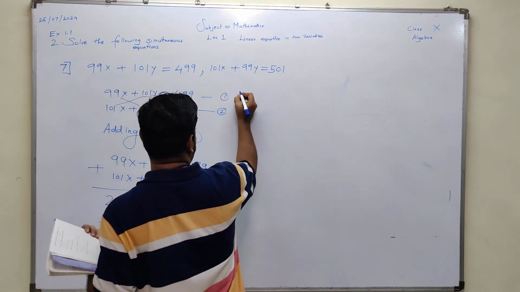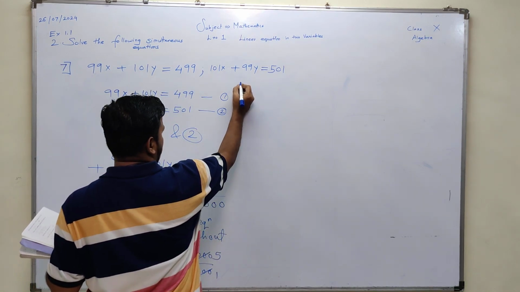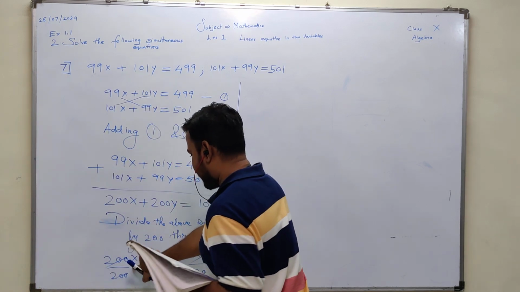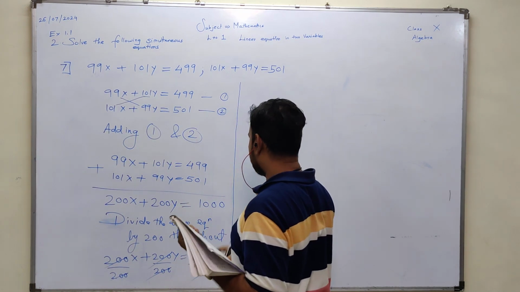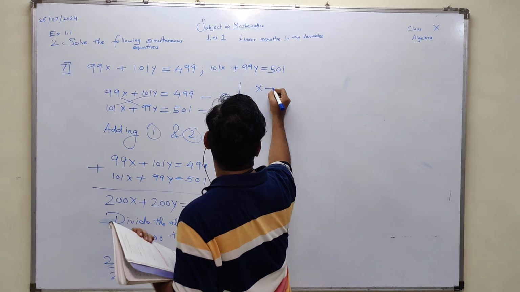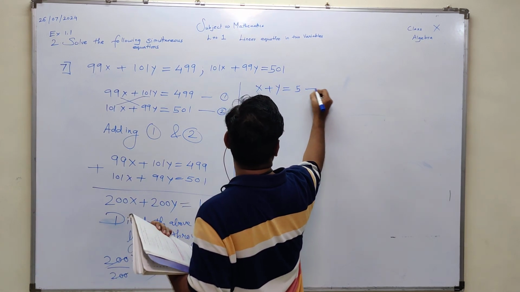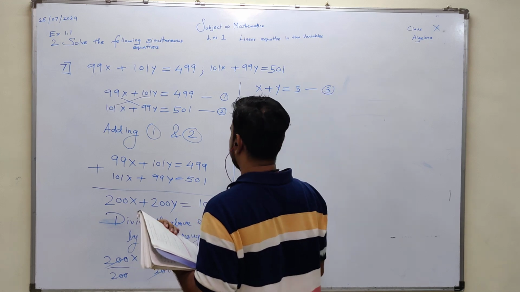So what is the equation we get? We got x plus y is equal to 5. This will be your equation number 3.